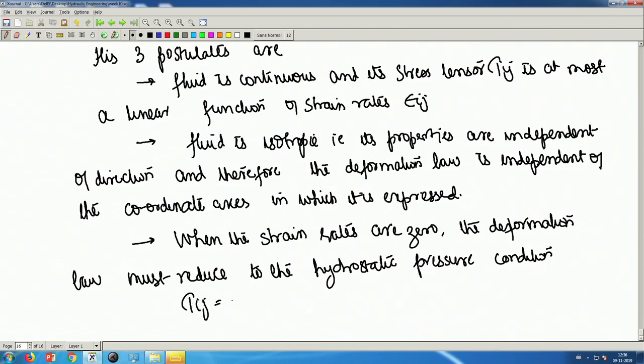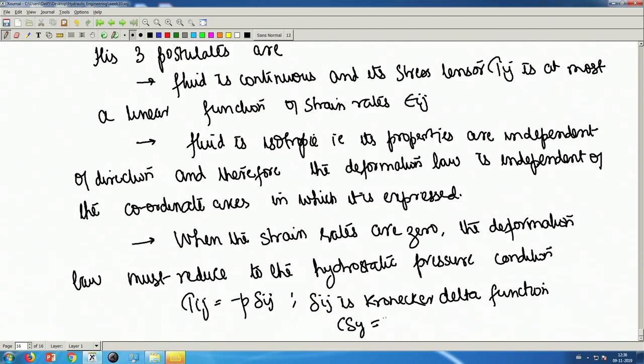Tau ij is equal to minus p delta ij. Okay, here delta ij is Kronecker delta function, that is delta ij is equal to 1 if i is equal to j and delta ij is equal to 0 if i is not equal to j.